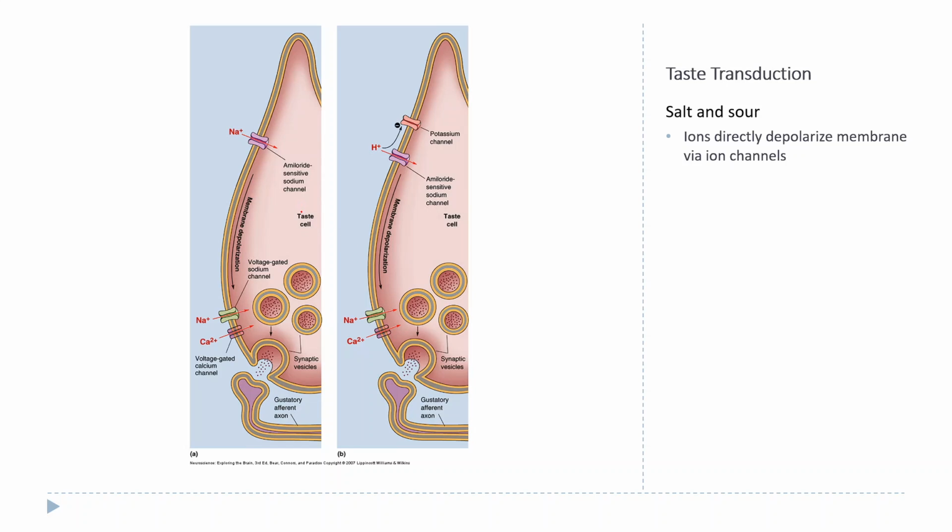So the sodium ion concentration inside of a taste cell is usually low compared to the outside, as with most cells. So when you eat food that has salt in it, sodium ions will accumulate in the saliva, and so the sodium ion concentration will go up in your saliva, and that will cause a greater sodium concentration gradient across the membrane.